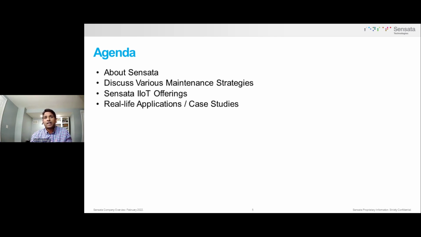If you are a maintenance professional, it will not be new information for you, but just hang on, it's not going to be very detailed. I will then introduce Sensata's offerings for the IIoT. Later on, we'll discuss real-life applications and case studies of the sensors in action. So let's move forward.